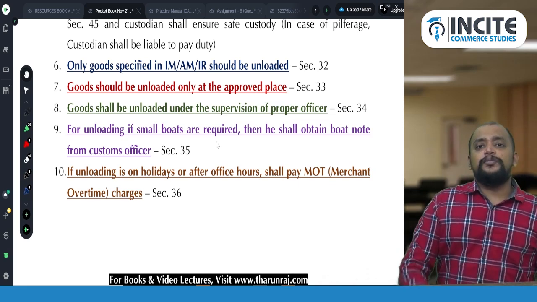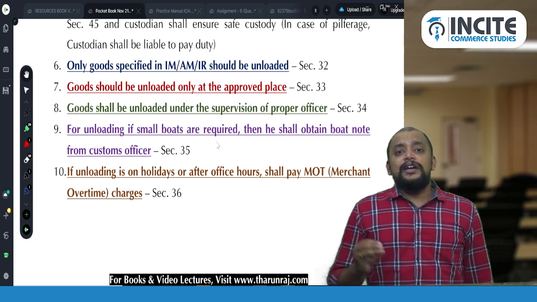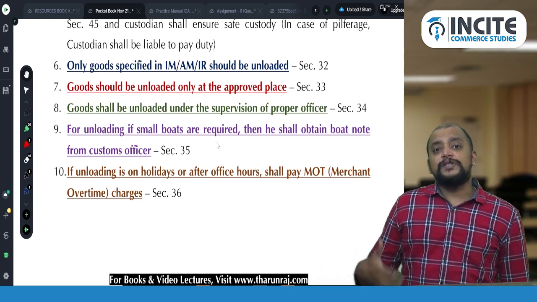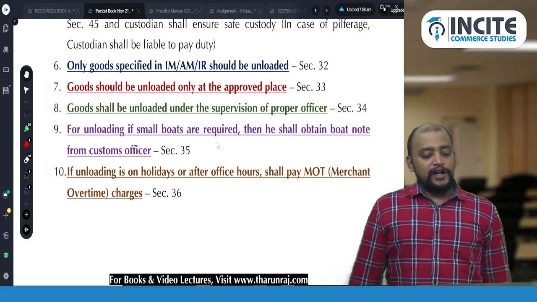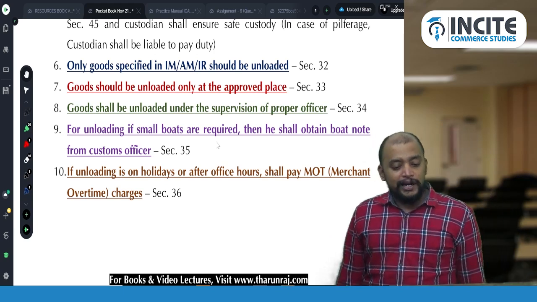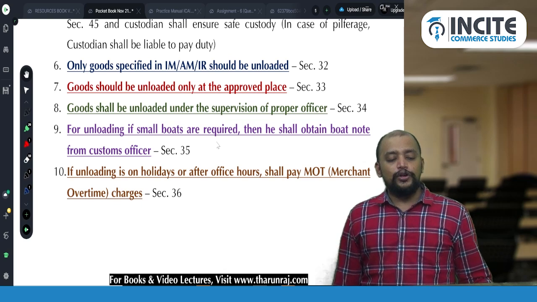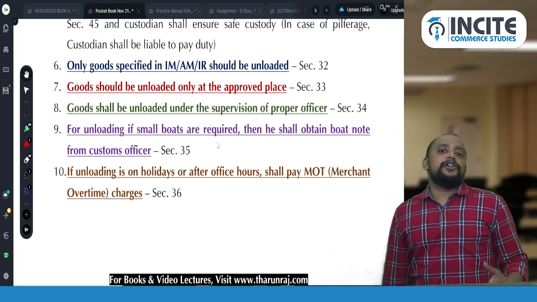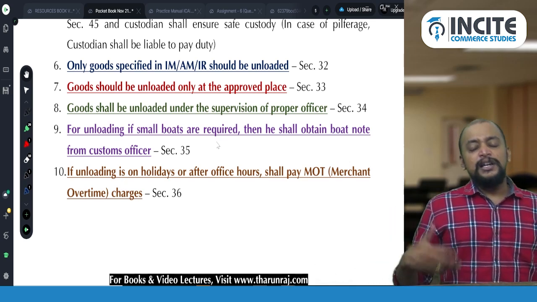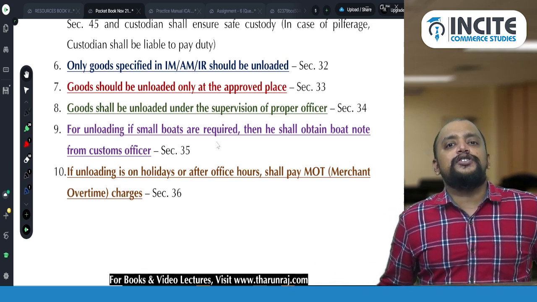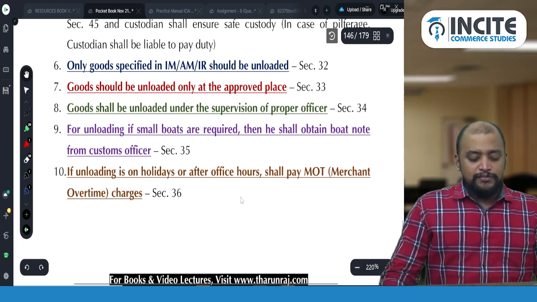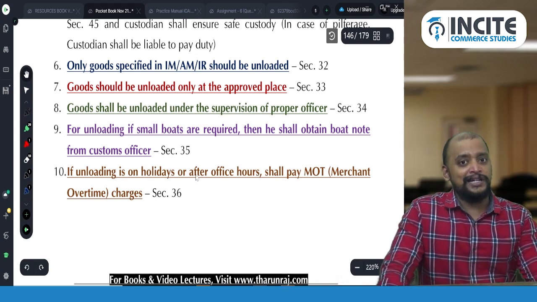So those boats should carry a boat note, otherwise these goods are found to be smuggled goods. Okay. So for unloading, if small boats are required, then he shall obtain a boat note from the customs officer. Suppose the unloading is on holidays or after office hours, the person in charge or the importer needs to pay merchant overtime charges.